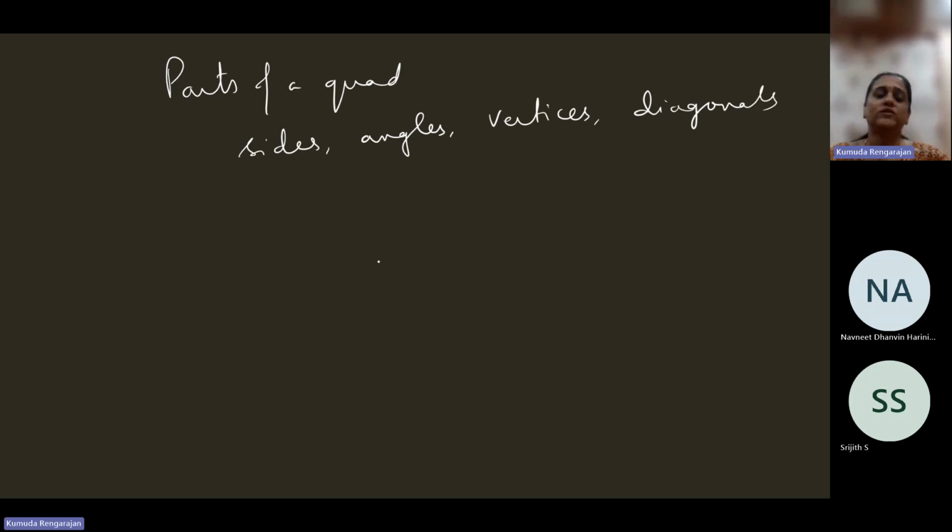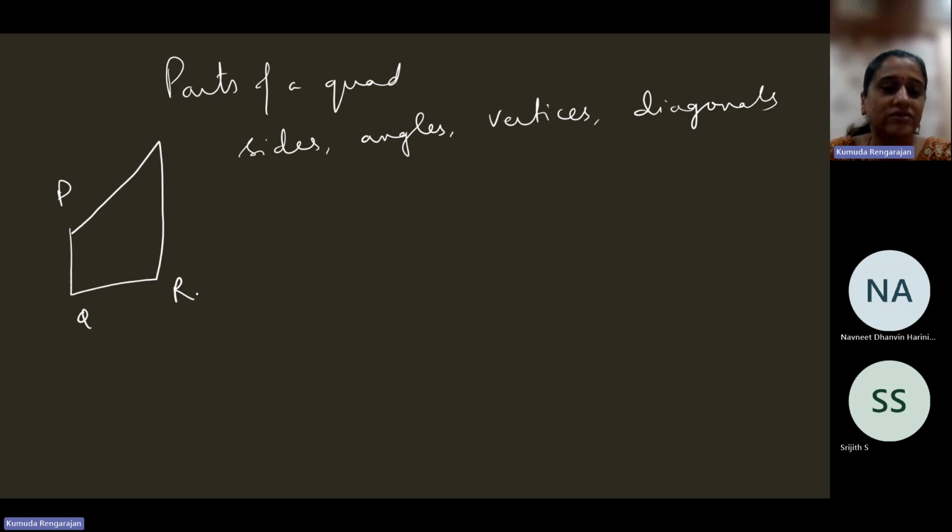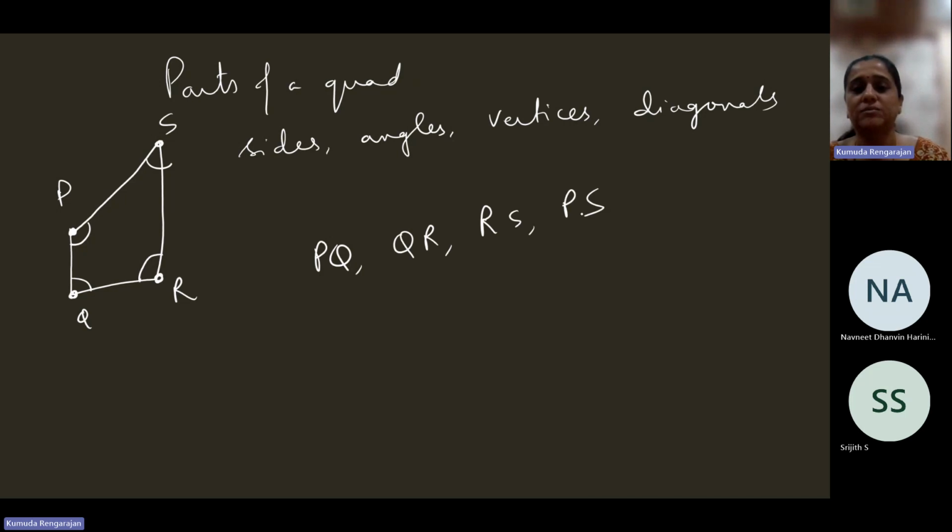Now, when you're given a quadrilateral, supposing it's called PQRS, you can name the sides, angles, vertices and diagonals. Vertices: P, Q, R, S. Angles: angle P, angle Q, angle R, angle S. Sides: PQ, QR, RS, PS.